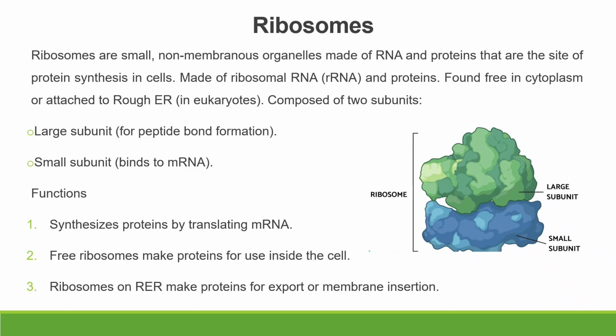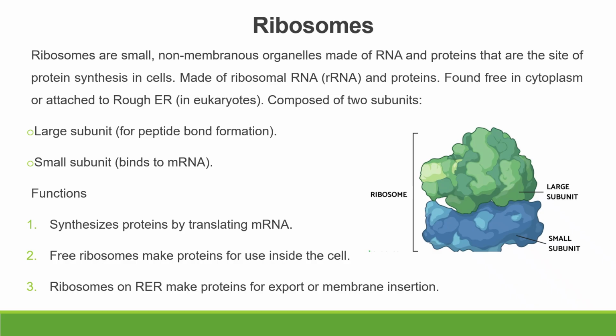You might have heard about the 60S and the 30S, that's about the subunits. The major function of ribosomes is synthesis of proteins by translation of messenger RNA from the nucleus, and free ribosomes make proteins for use inside the cell.